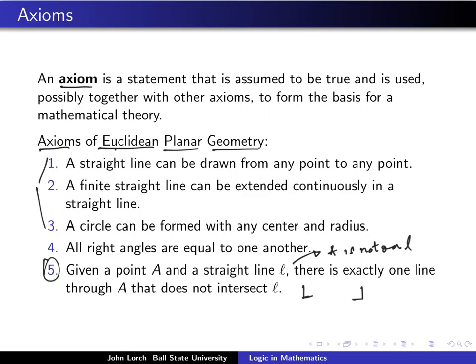It seems a little different from the first 4, in the sense that the first 4 seem manifestly obvious, whereas the 5th axiom you have to think about a little bit, and it may not be manifestly obvious.